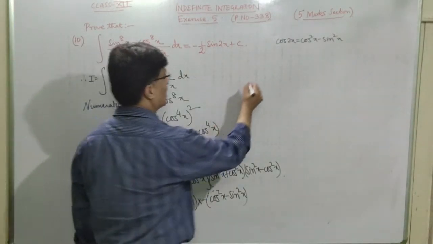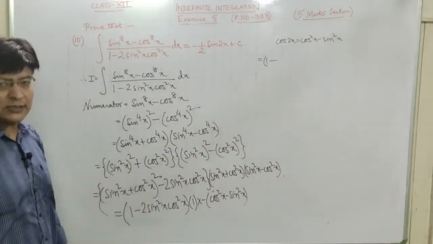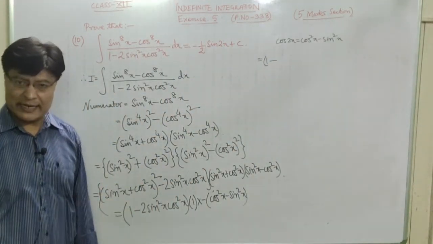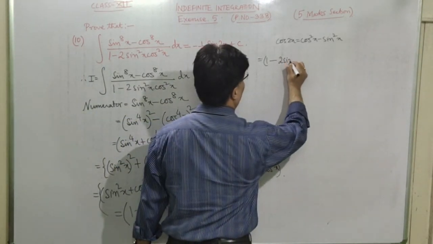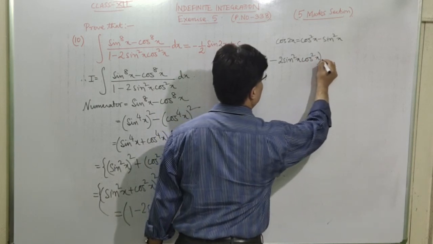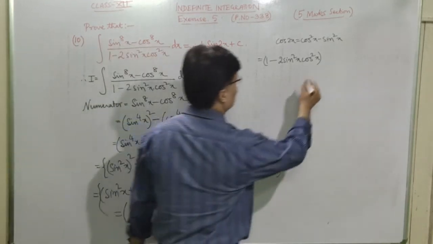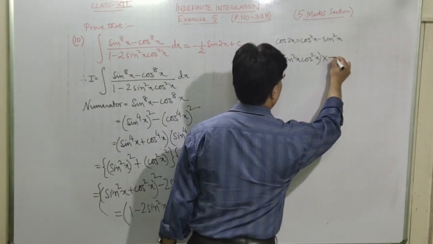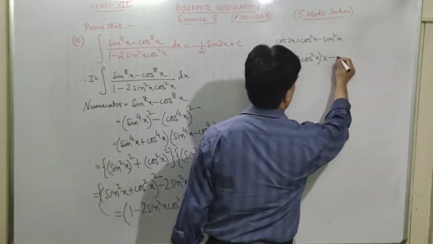So let us use the formula now, which is equal to this first expression, that is the first factor is kept as it is, 1 minus 2 sine square x cos square x, into minus, what is cos square x minus sine square x?